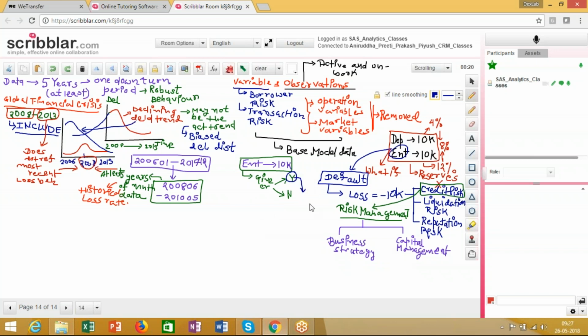Now, he gets the loan because the bank believes that he is a good borrower. The question that arises over here is, on what grounds does the bank believe that this is a good borrower?